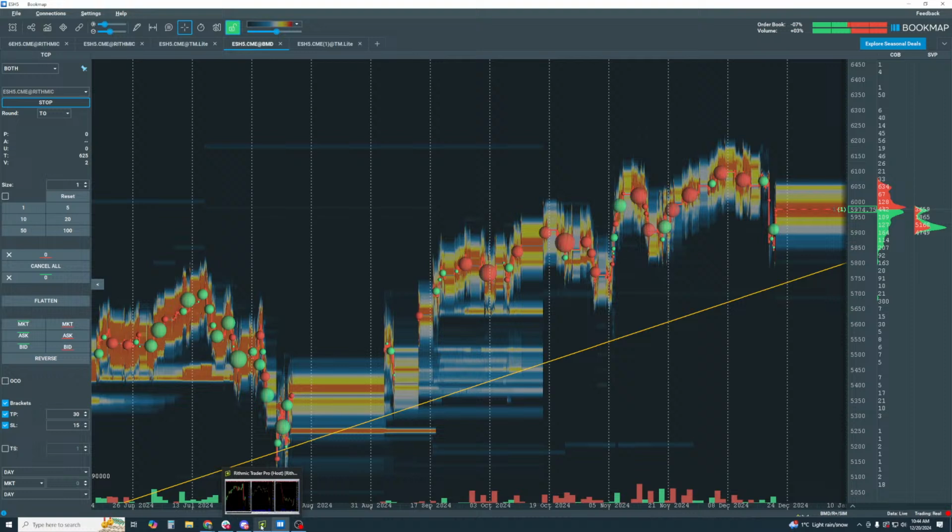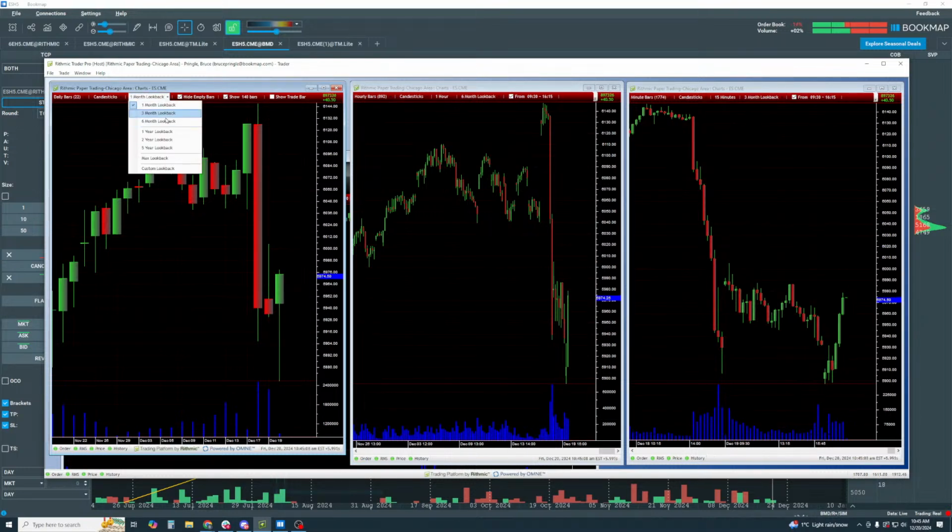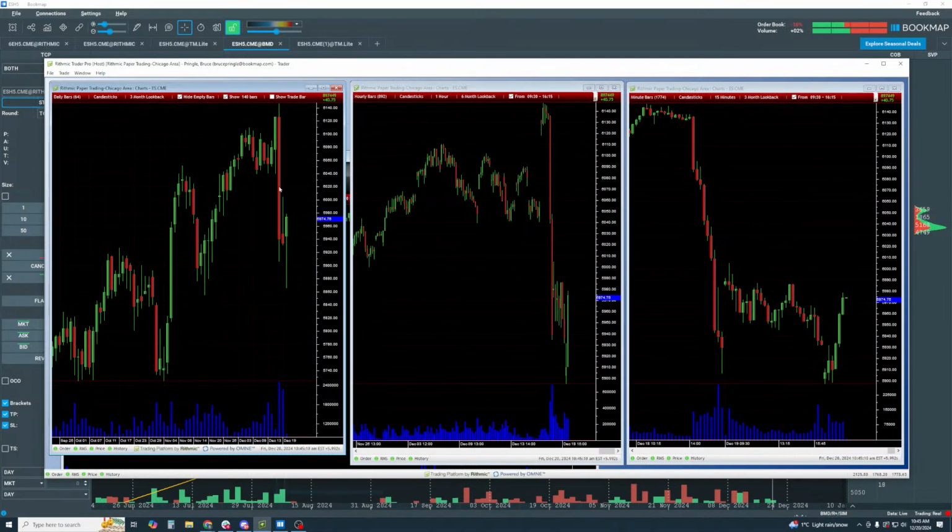Let's jump back to our candlestick chart, and I'll show you. Back 3 months, here's our candlestick chart. Here's our FOMC. Here's our previous swing, and here's the move into that previous swing, and we found some demand.